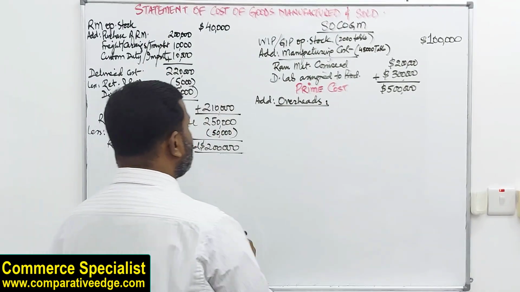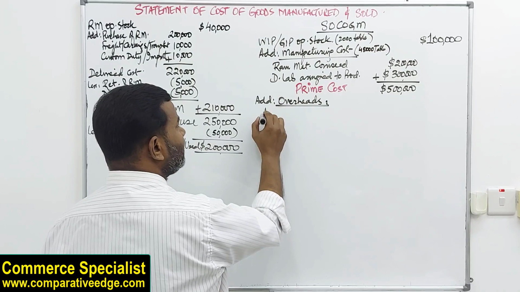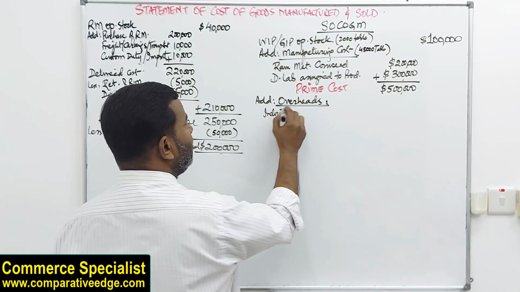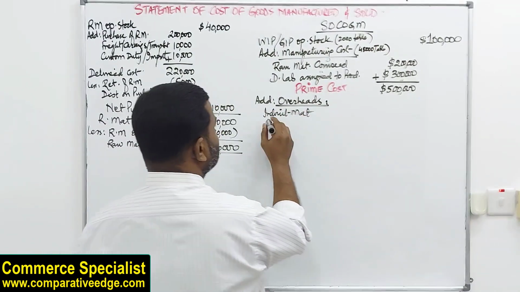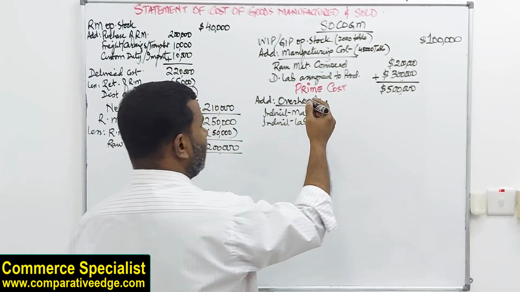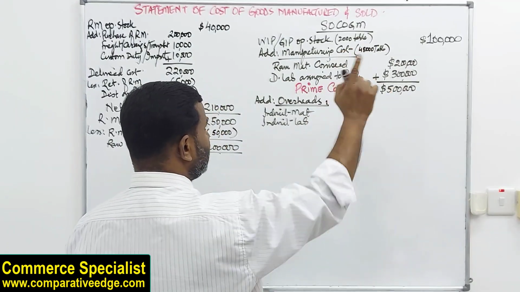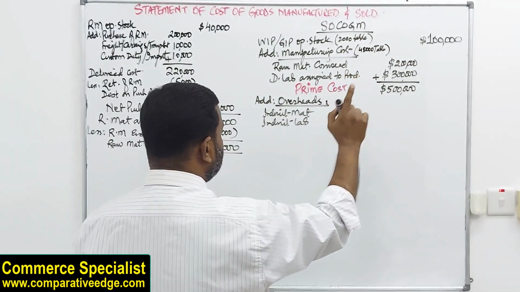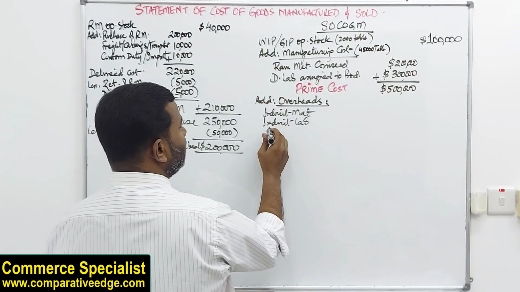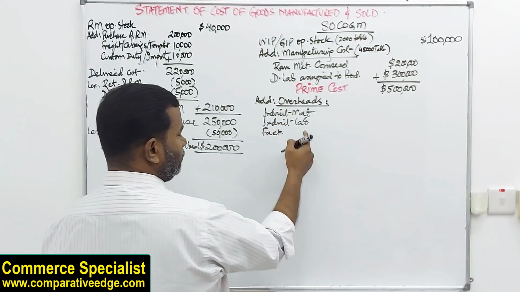So when I talk about overheads, overhead includes all indirect costs. So always write first indirect material, indirect labor. I'm not going to explain what is indirect material labor. I already told you that I've mentioned it in this video. So indirect material, indirect labor, we are talking about factory. Short form I'm writing to save time.